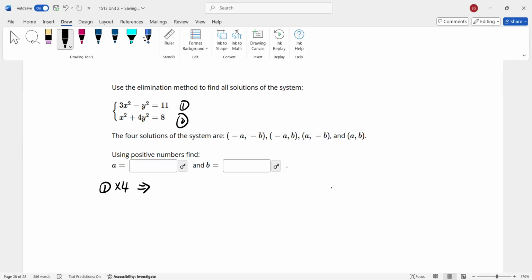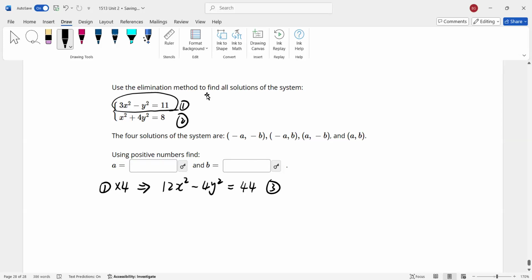Let's see what we have after this. Every single term in equation 1 is multiplied by 4. 3x squared multiplied by 4 is 12x squared. Negative y squared multiplied by 4 is negative 4y squared. On the right side, 11 times 4 is 44. It is always good to double check each step. Equation 3 is a modification of equation 1.